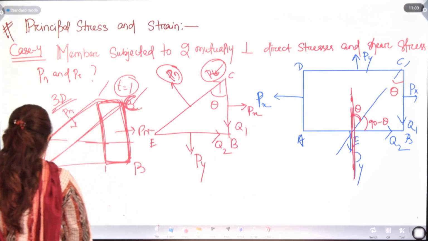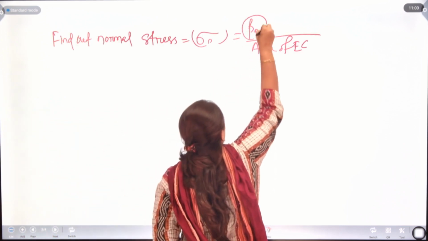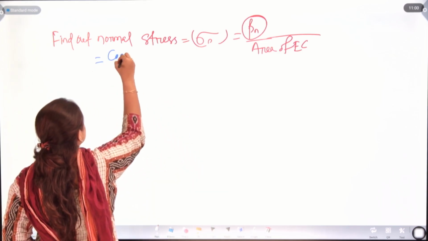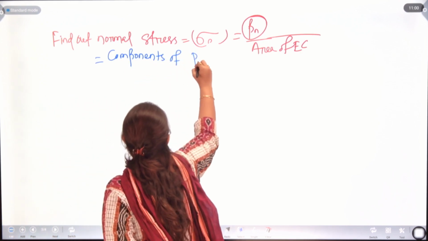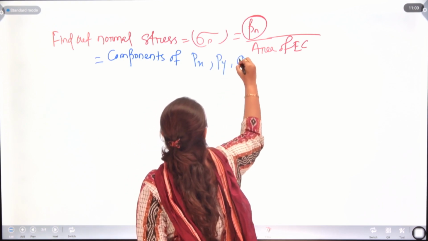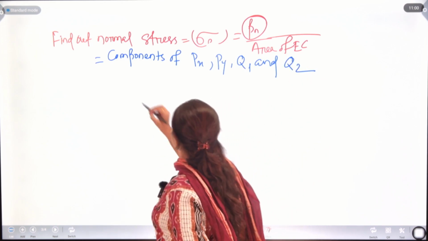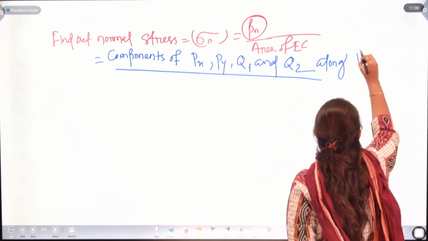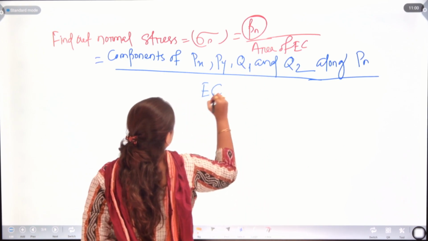So, for Pn, what will we write? For Pn, we can write the components of Px, Py, Q1 and Q2 along Pn. Also, for area we can write EC.